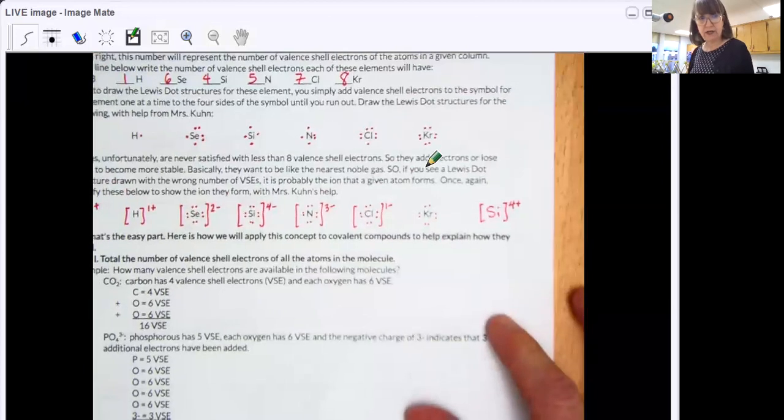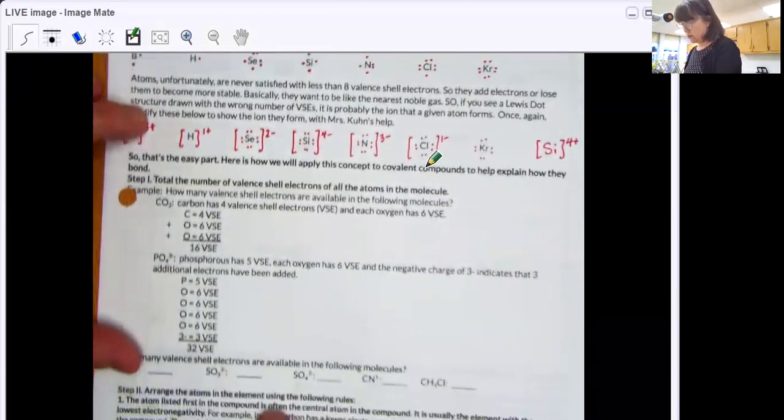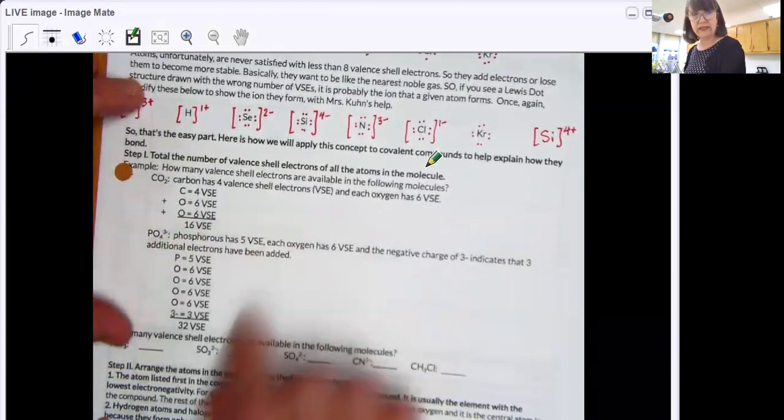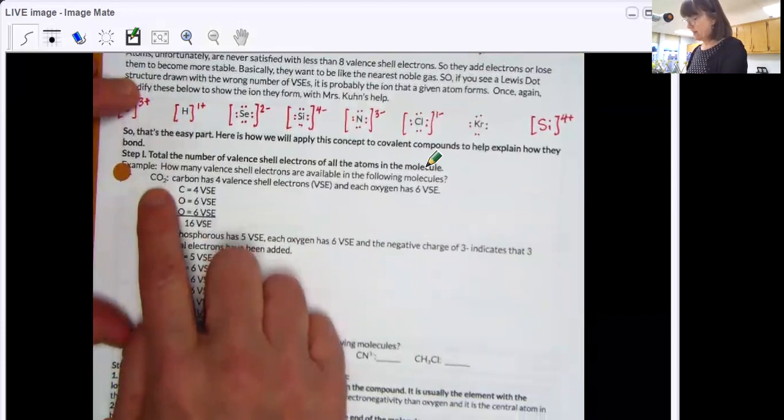So the next thing that we're going to look at is how do we determine the number of valence shell electrons available for a compound or a polyatomic ion. So as you can see right here, I did 2 examples. Carbon dioxide has a carbon and 2 oxygens.